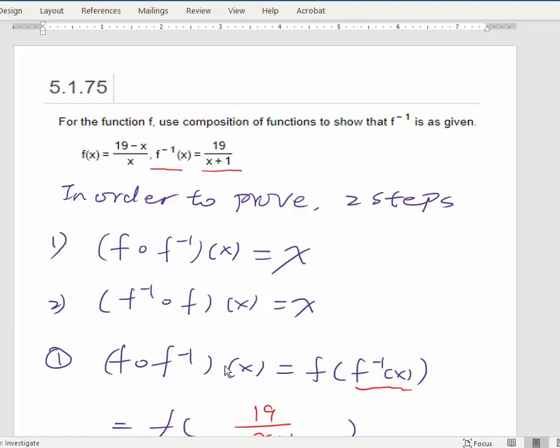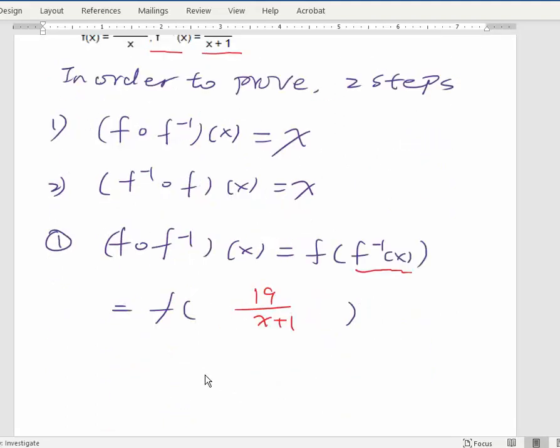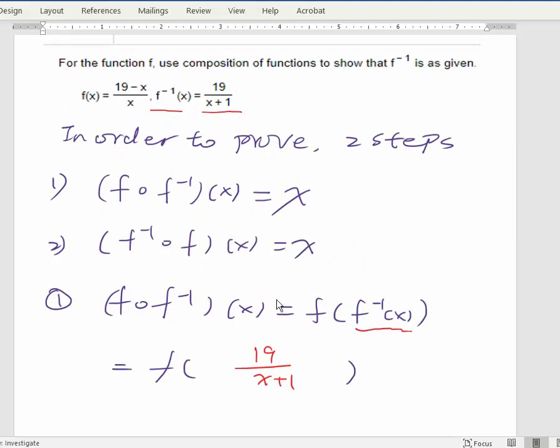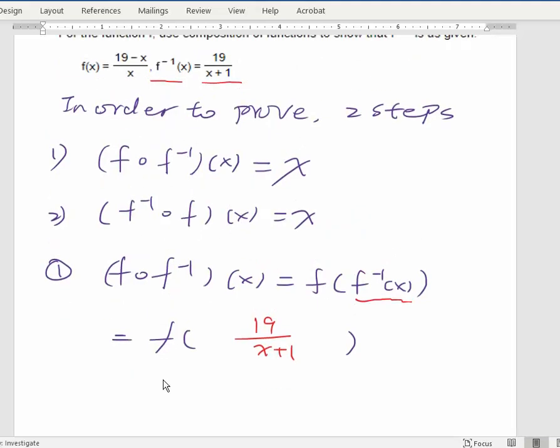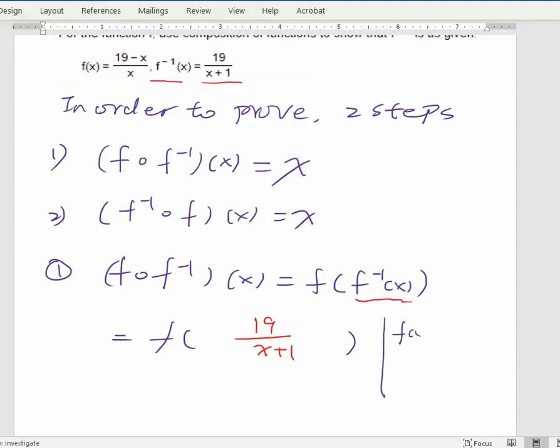F composite the inverse. According to the definition, f is the outer, the inverse is the inner, right? So I'm going to plug f inverse of x equal to 19 over x plus 1 into the equation. So now we go back to the f function, which is equal to 19 minus x over x.